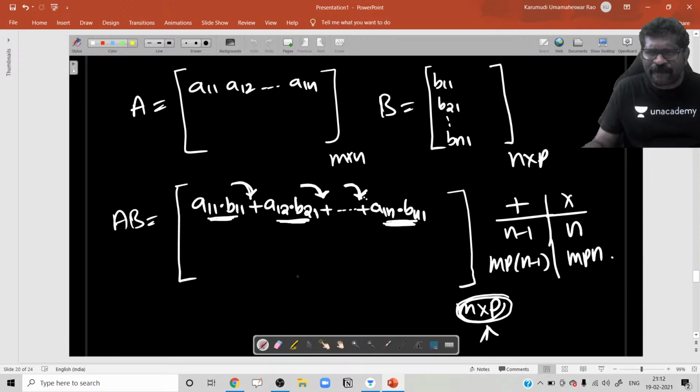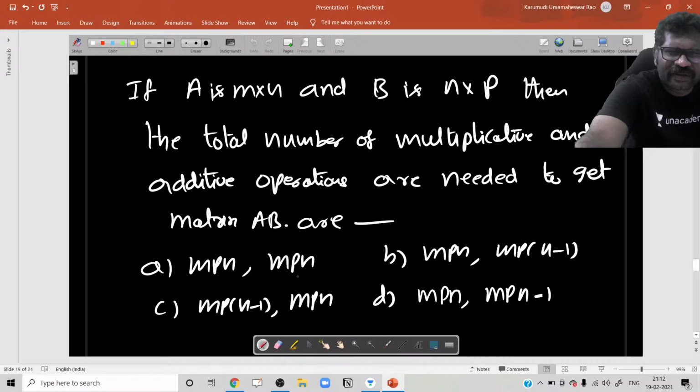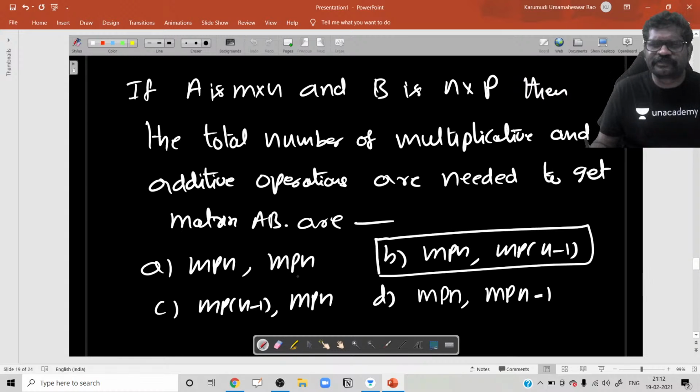So MPn multiplications are required, MP into n minus 1 additions are required. So the total number of multiplicative operations are MPn and the total number of additive operations are MP(n minus 1).